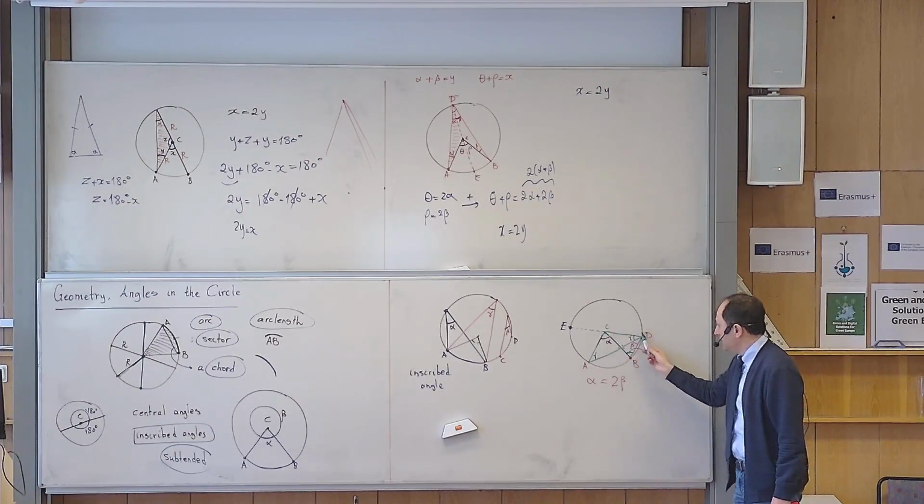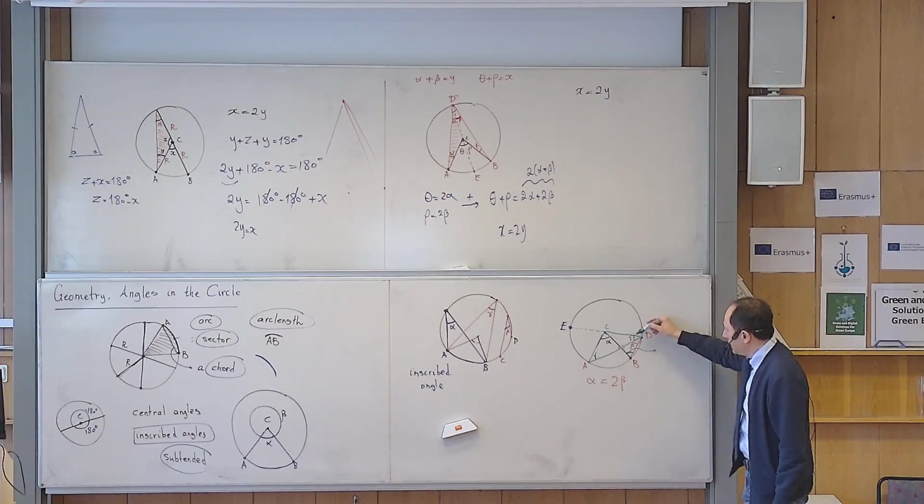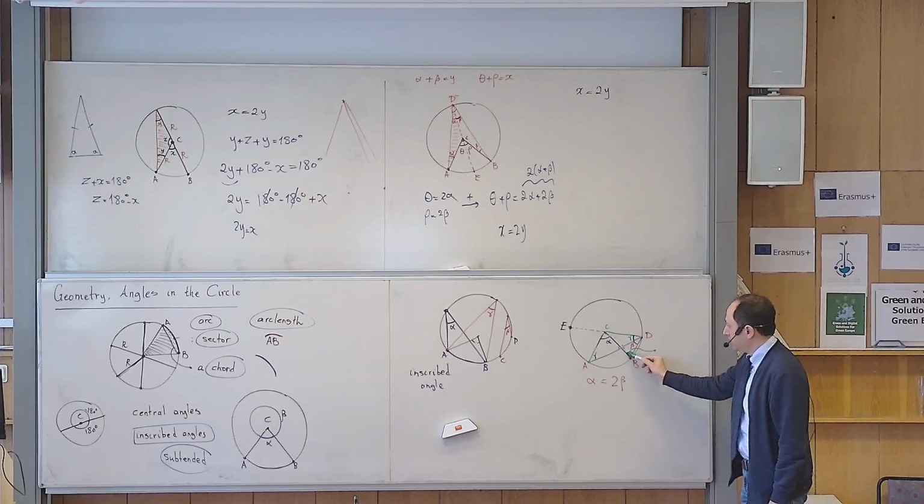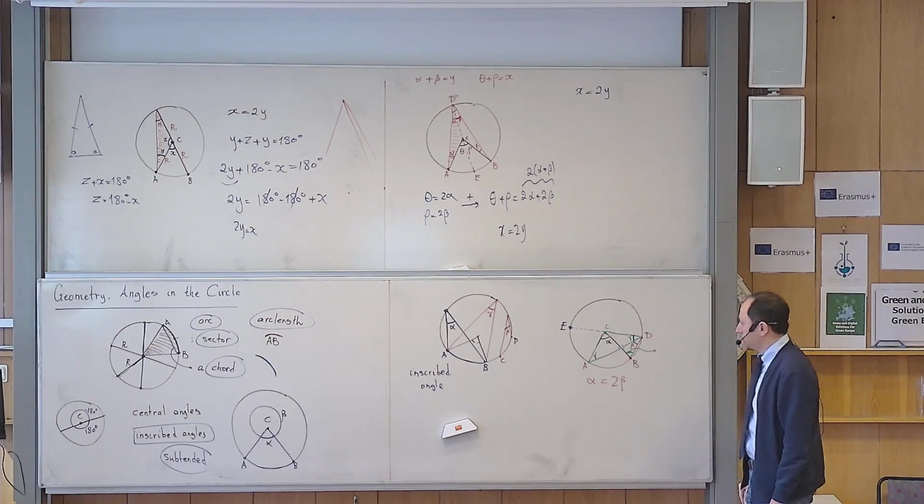Because this is still R. This one is still the radius. So the length here and the length here are both equal to the radius. So they are equal. And if I ask you, what is this angle? You will tell me it is alpha plus beta. So then what does it mean for this angle? Beta plus gamma. So that's also correct.